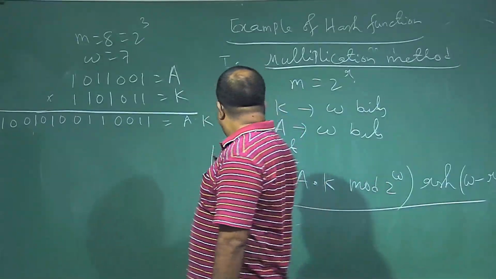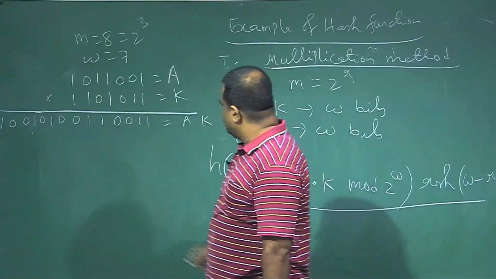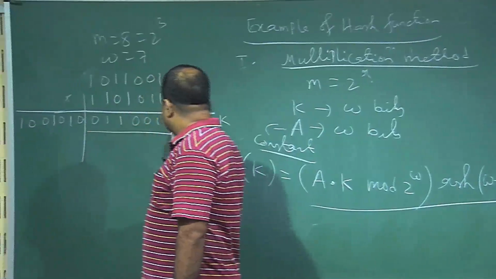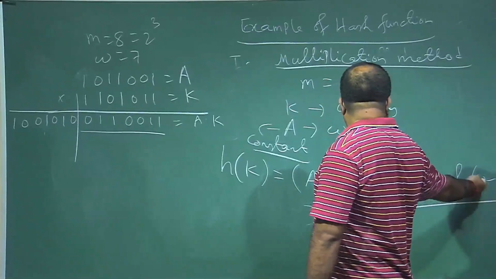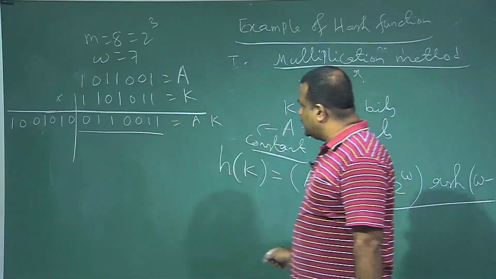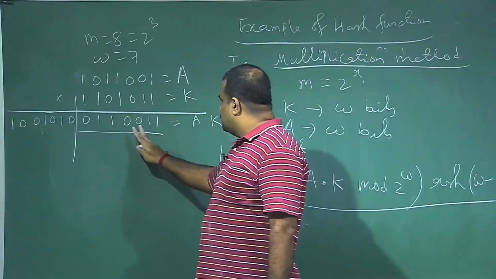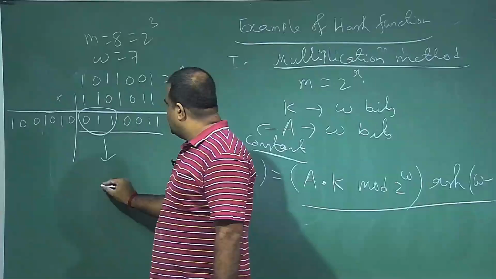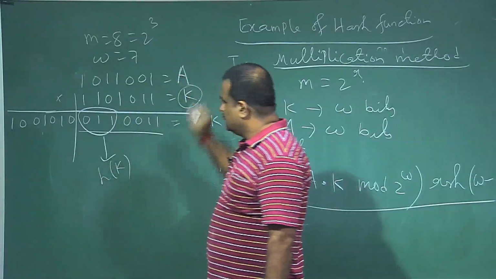Now, if we want to make it 7 bits again, we take mod 2 to the power 7. So, this will give us only this. This is mod 2 to the power 7. Now, we want to apply the shift of w minus r. w minus r means 4 times we will do the left shift, sorry, right shift. So, if we shift, this is gone, this is gone, this is gone, this is gone, only this one is left. So, this is basically our h of k for this k.